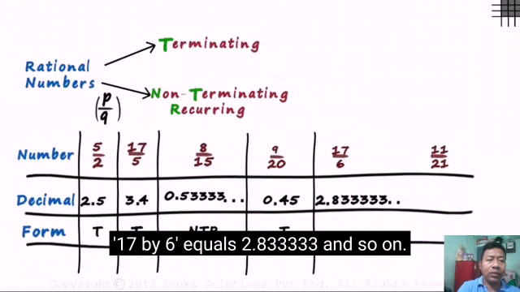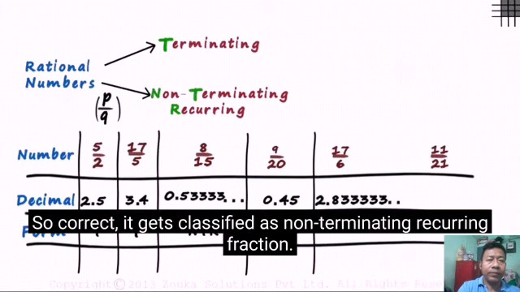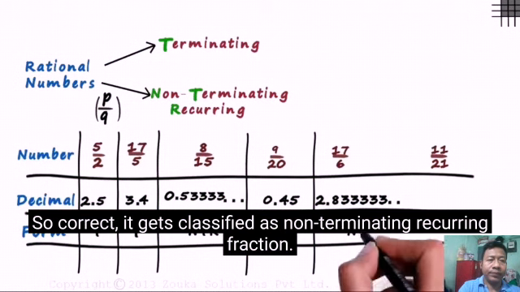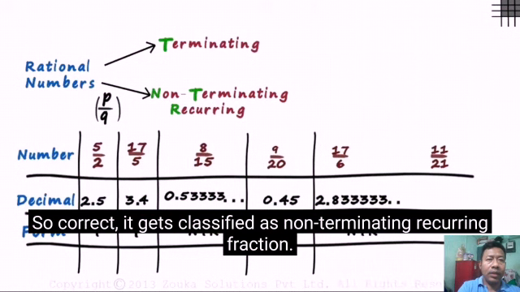Here the digit 3 is repeated indefinitely, so it's non-terminating recurring. So we write NTR.